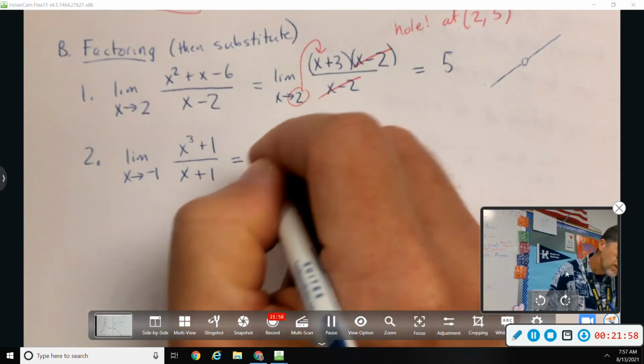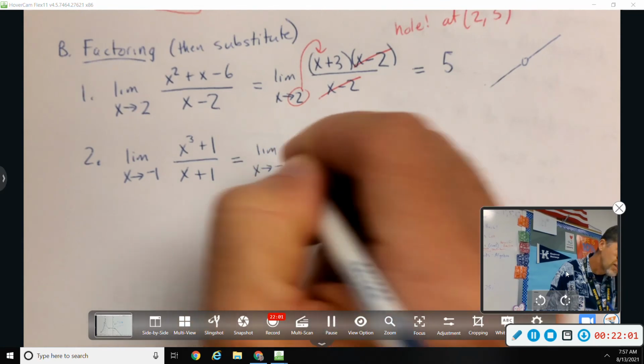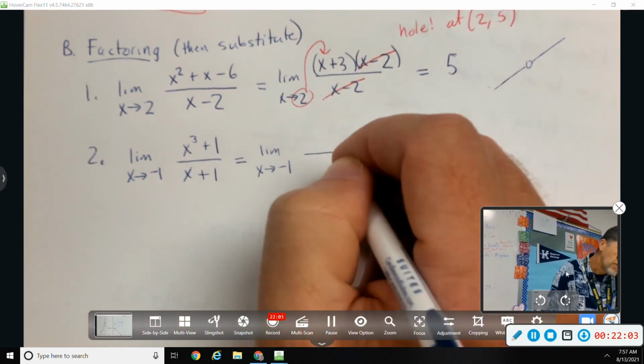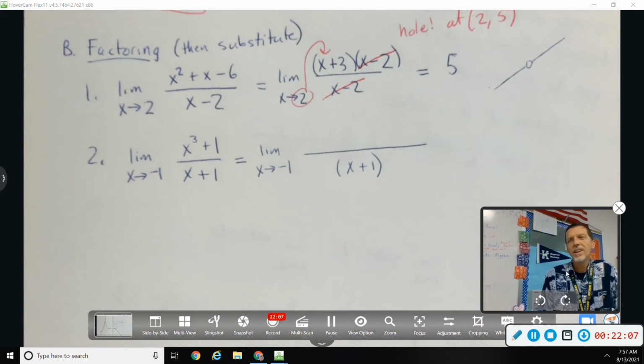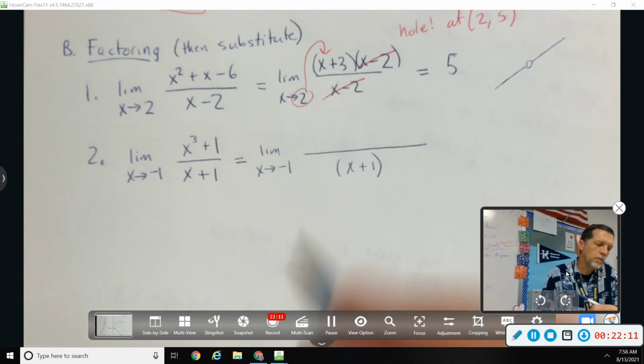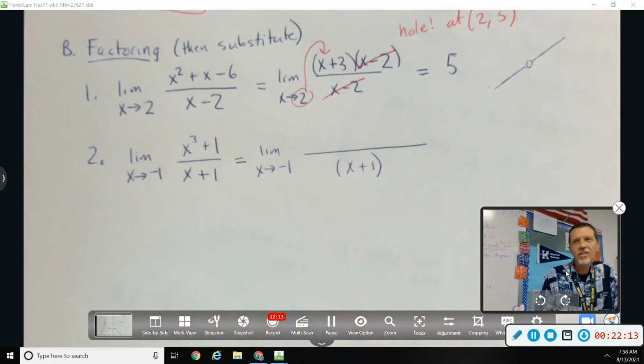So let's see if we remember how to factor x cubed plus 1. Sort of the hidden reason for working this problem. Do you remember how to factor a sum of cubes? Or the saying that goes with it?